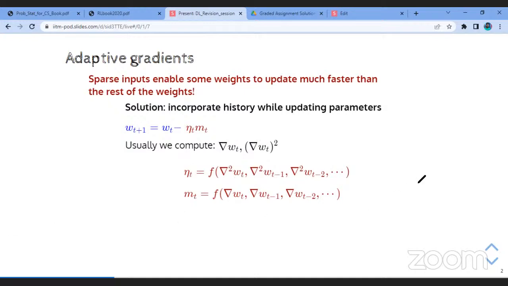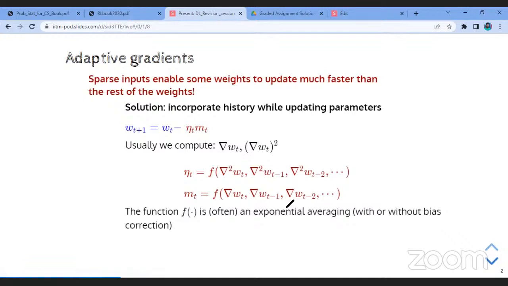I take these two quantities, the current gradient and the history of all the gradients, and I also square it. I pass these two quantities through some function to compute my effective learning rate eta t, and also mt. You can see that this function is going to be some sort of averaging.